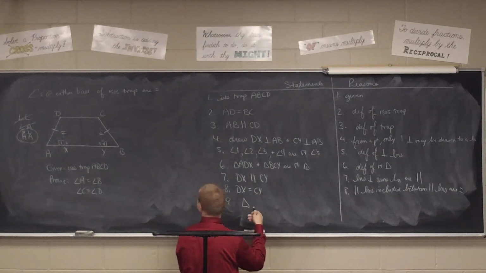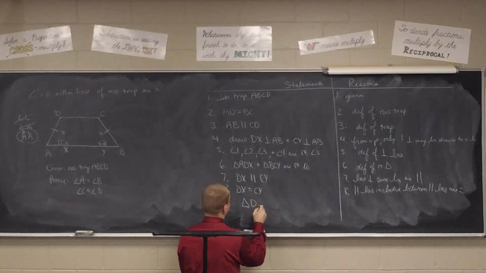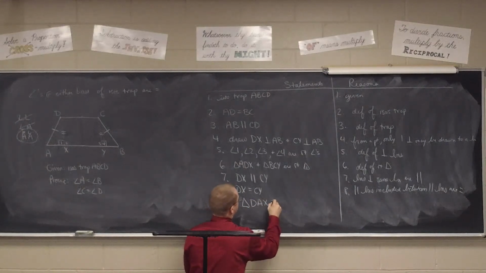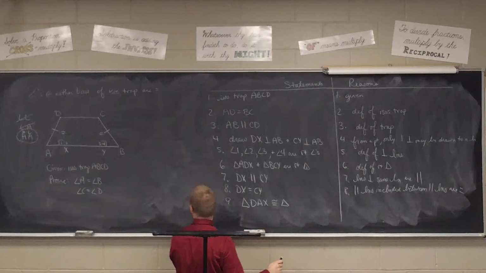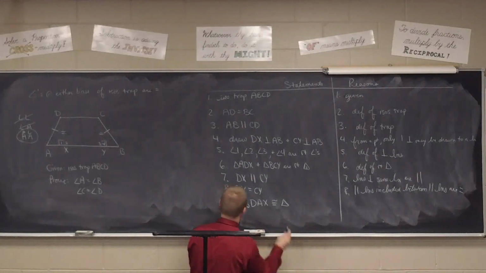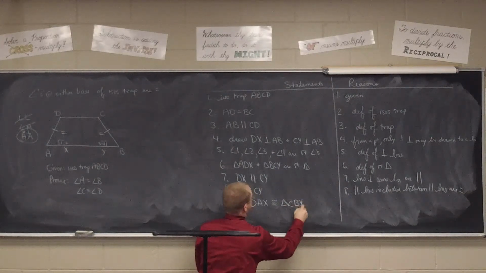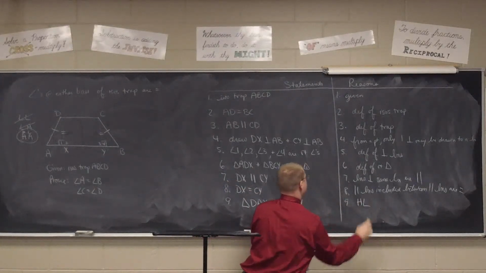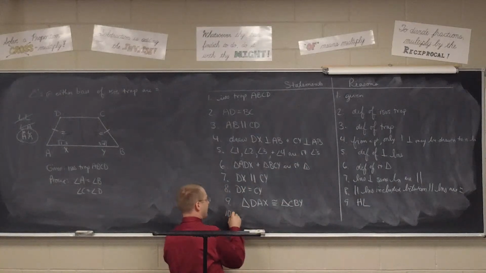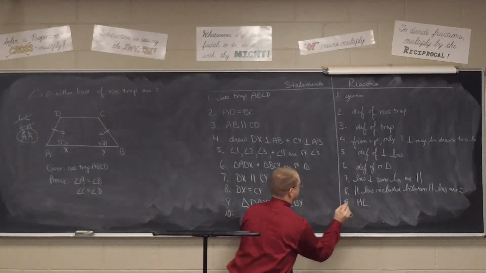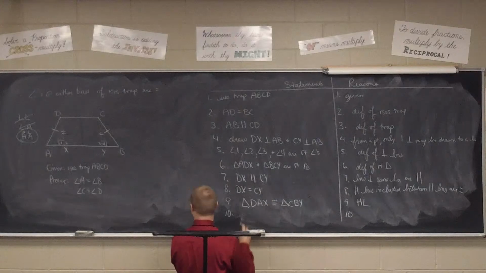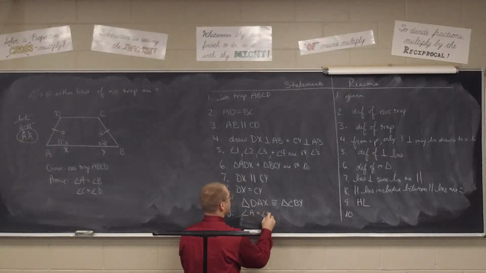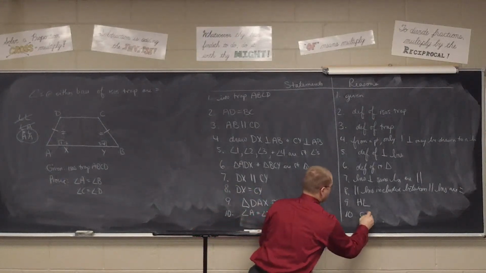So number 9, I could say, Genesis, that triangle is congruent to triangle by, you said, hypotenuse leg. And since the triangles are congruent, class, angle A equals angle B by CPCTE.